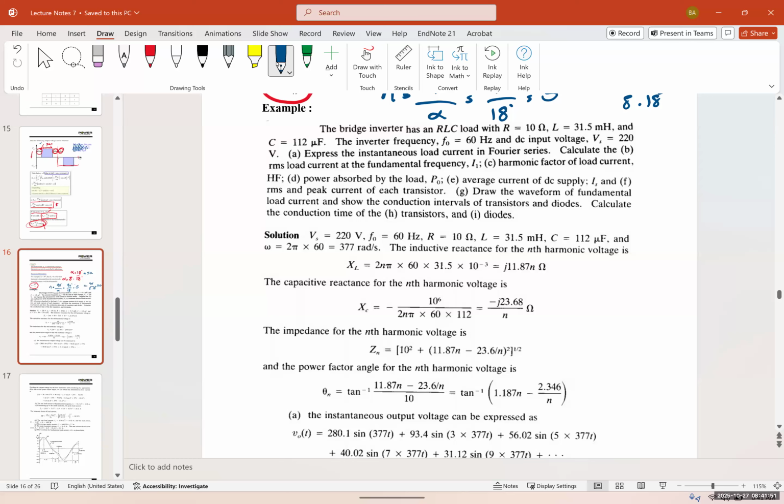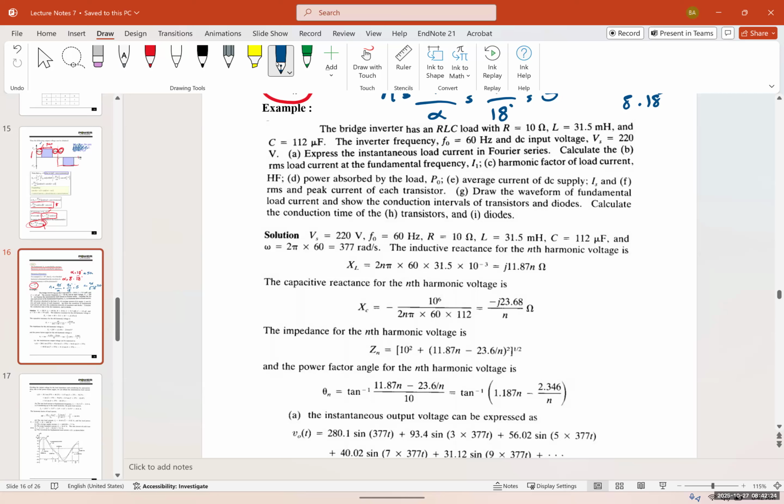We want to express the instantaneous load current in Fourier series, calculate the RMS voltage, load current at fundamental frequency, I1, and harmonic factor of the load current, or HF, and the power absorbed by the load, PL, the average current of the DC supply, IS, and the RMS and peak current of each transistor.